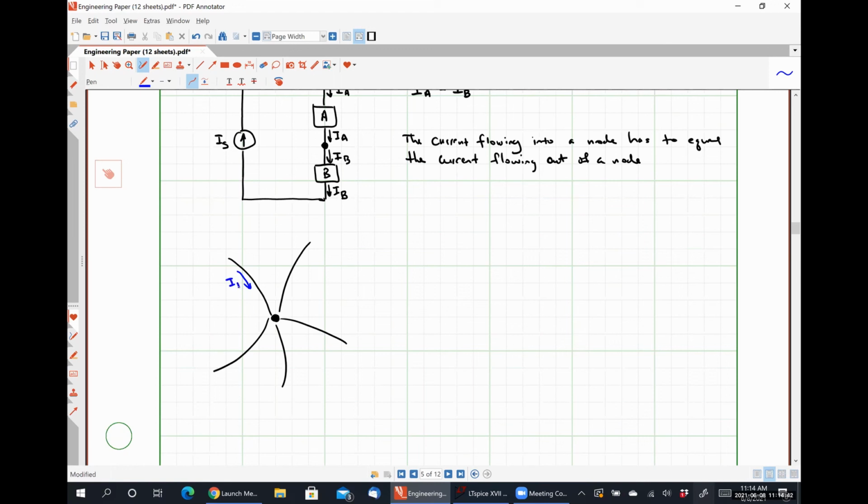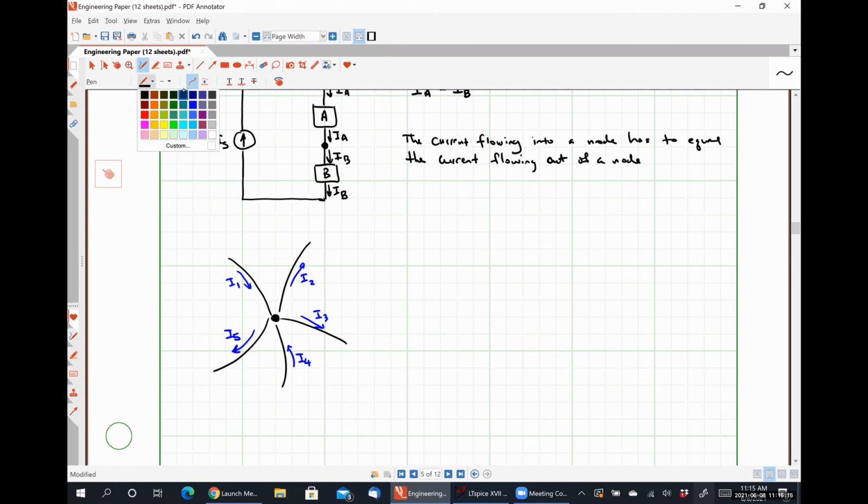So let's call this guy I1, this guy I2, this guy I3, this guy I4, and this guy I5. If we use the representation of Kirchhoff's current law that we just described, the current flowing into a node has to equal the current flowing out of a node.